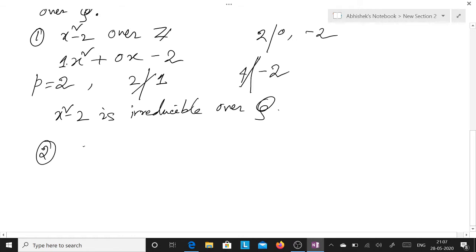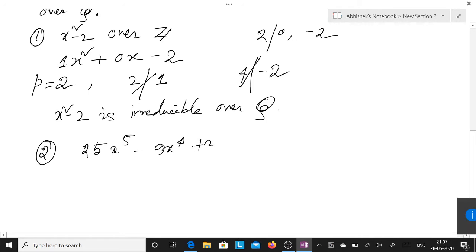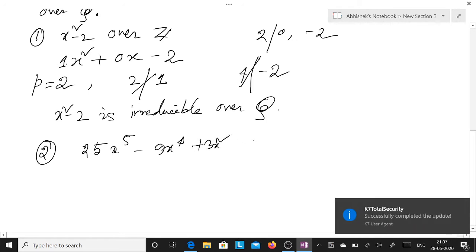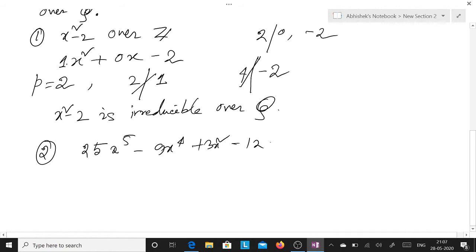We consider the polynomial 25x to the power 5 minus 9x to the power 4 plus 3x square minus 12 over the field of rationals.